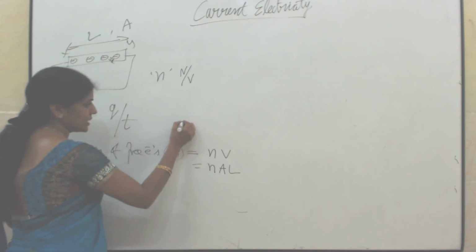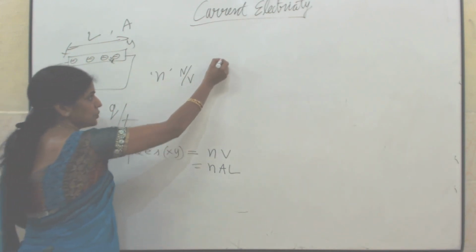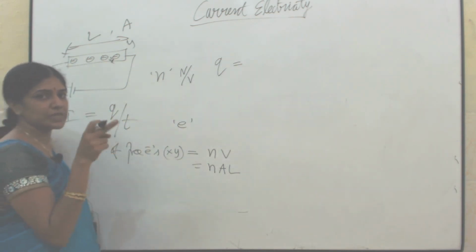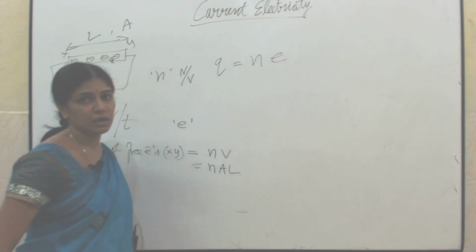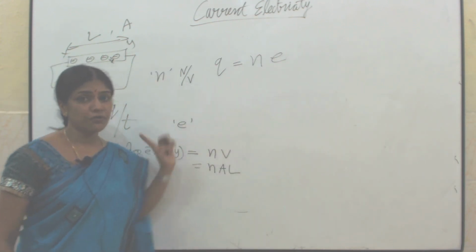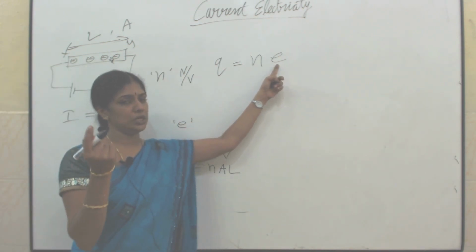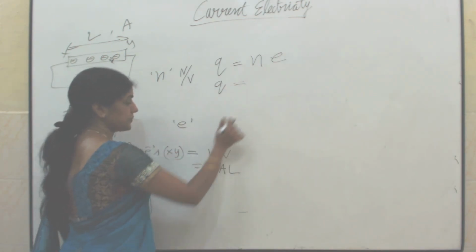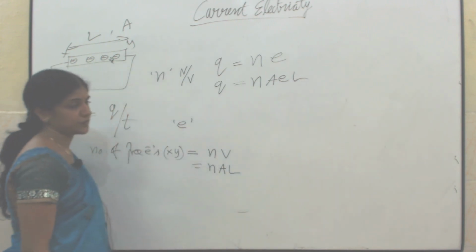If e is the charge of the electron, how can I write this Q? What is Q now? Total charge of this conductor. It is given by Q equal to N e, where N is the number of free electrons in this conductor XY into the charge of each electron, taken as e. So I can write this Q as nAeL.